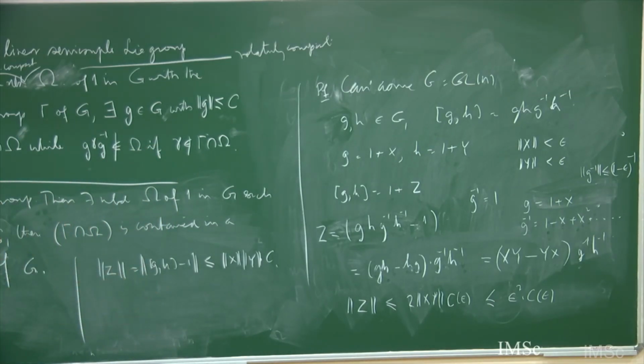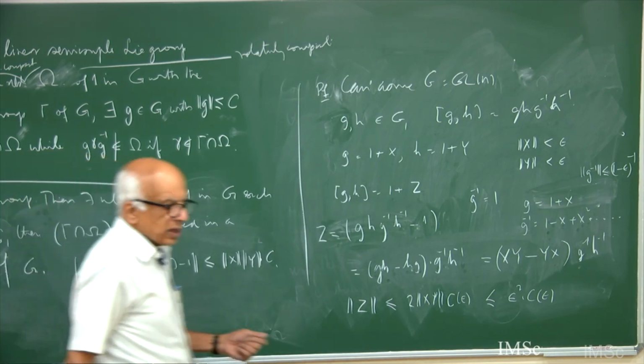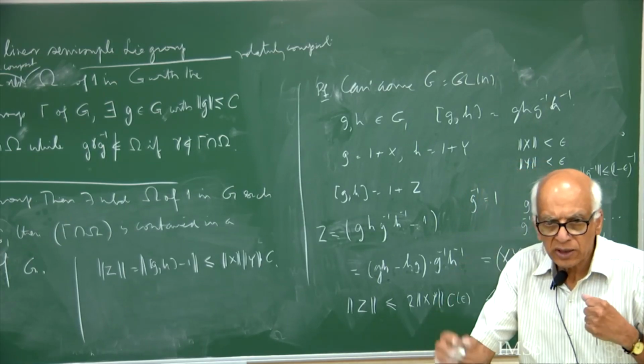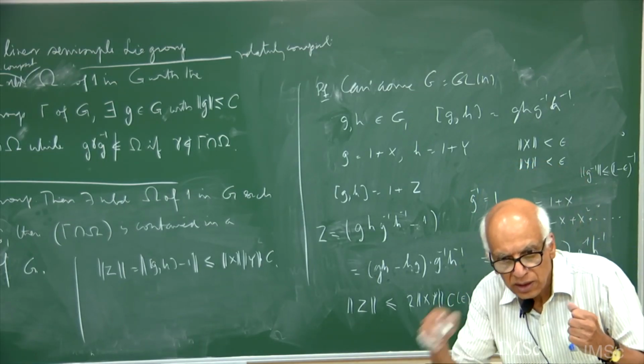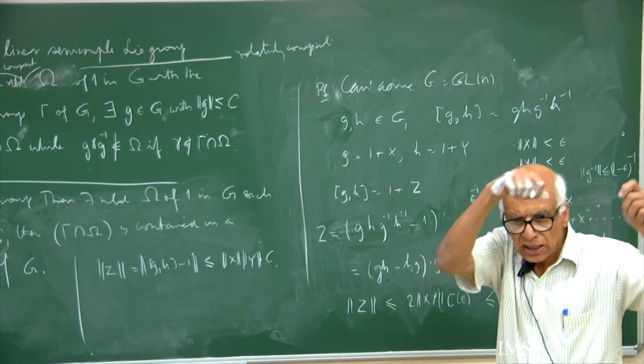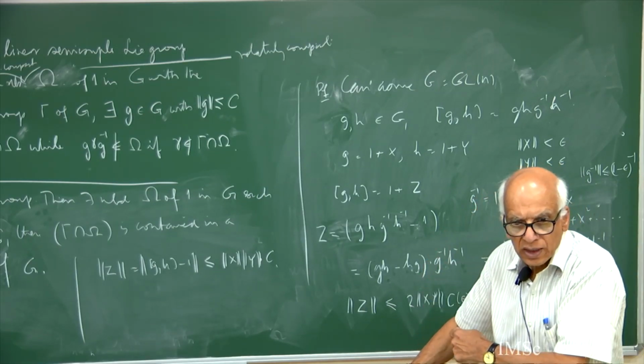Okay. Now I fix one of the elements G and keep taking the commutator of that with, take the bracket G H, then G bracket G H, etc., like in the descending central series. Then what happens?